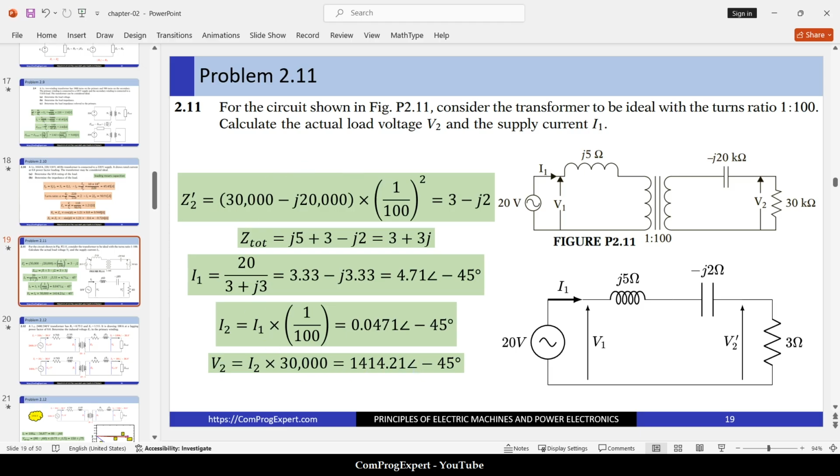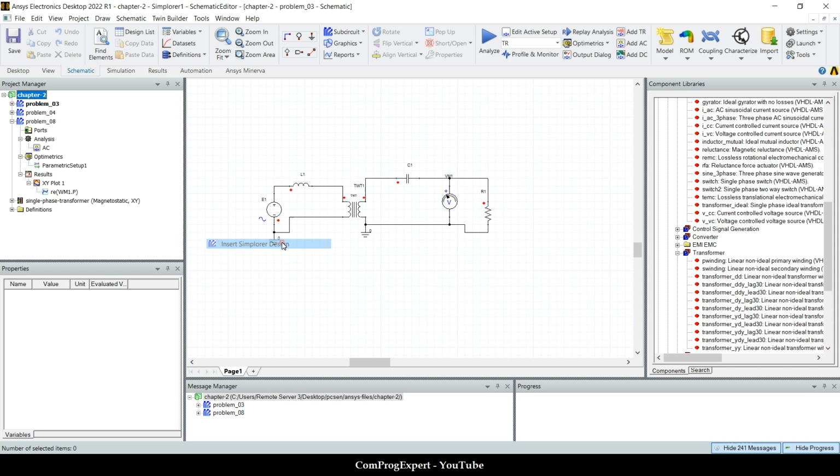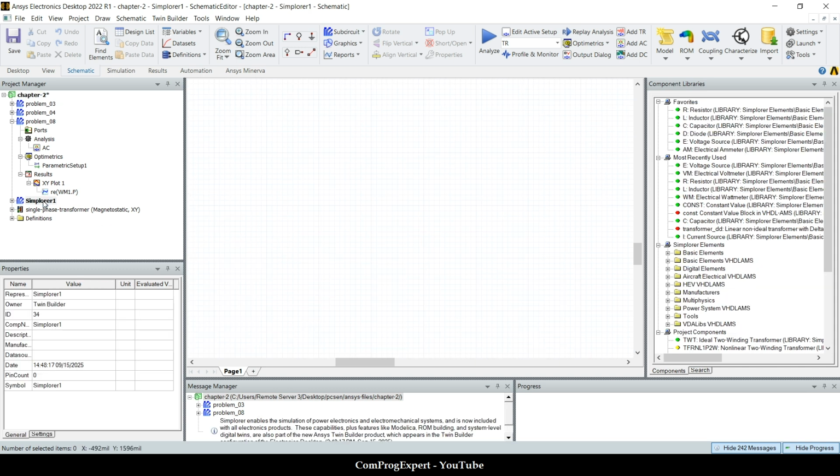So let's solve this problem using the ANSYS Simplorer and check out our calculations, the amplitudes and angles. So here simply we can add a new Simplorer design for problem 11.